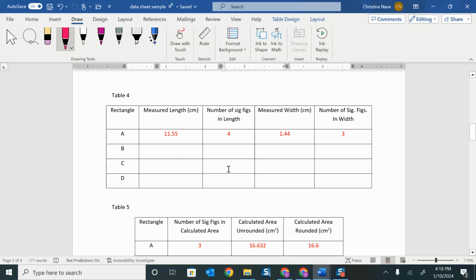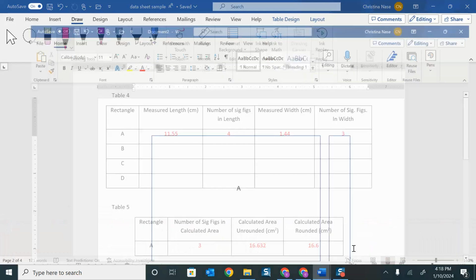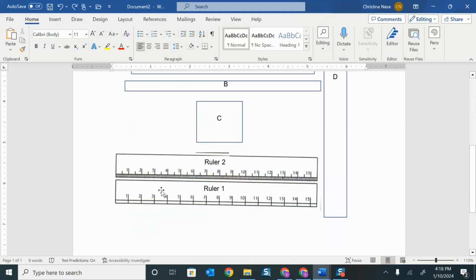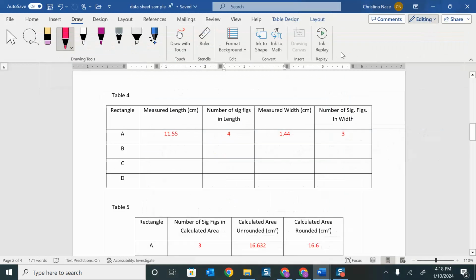For the second ruler, you'll be able to approximate an additional decimal place. Let's go back to that ruler so you can see what we have going on here. We have markings every tenth of a centimeter there. So 1, and then this is 1.2, 1.5, all the way through there. So you're going to be able to approximate one extra decimal place, so we'll have 2 decimal places using ruler number 2.